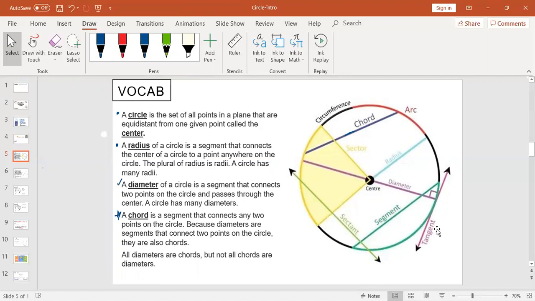So a tangent is a line outside the circle that touches the circle at one point, and it's perpendicular to the diameter that intersects at that same endpoint. Okay. And then we have a secant, which is a line that goes through the circle in 2 places. A chord is a line segment that touches the edge 2 times.